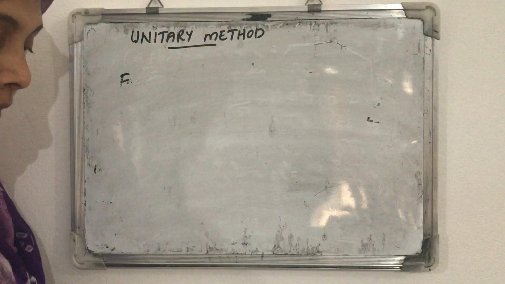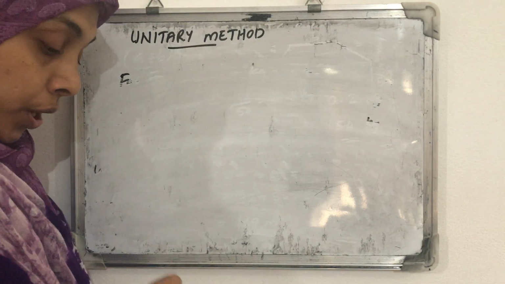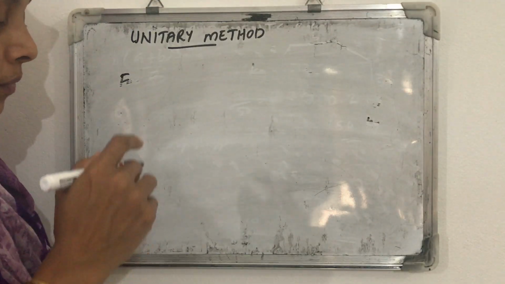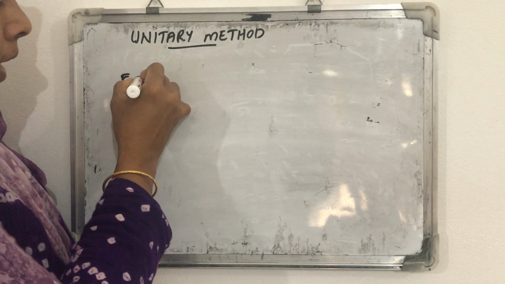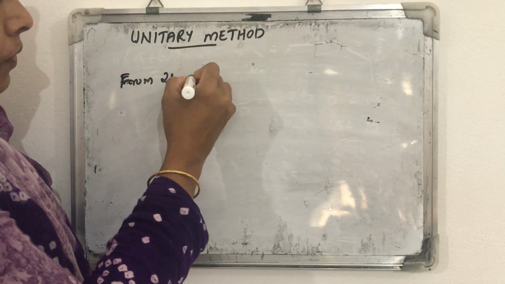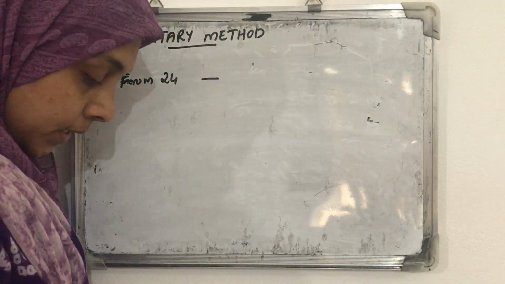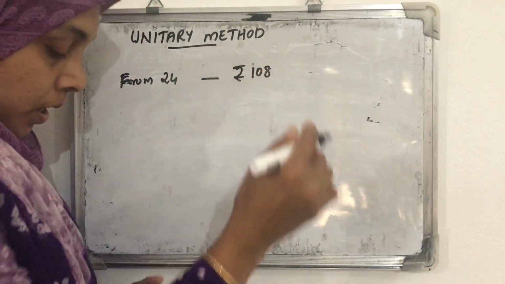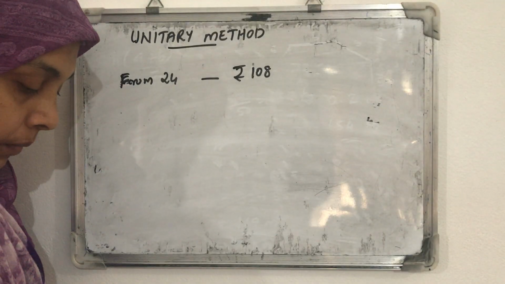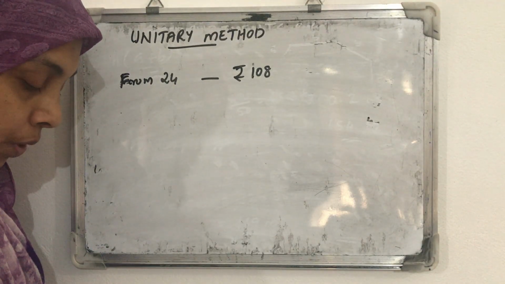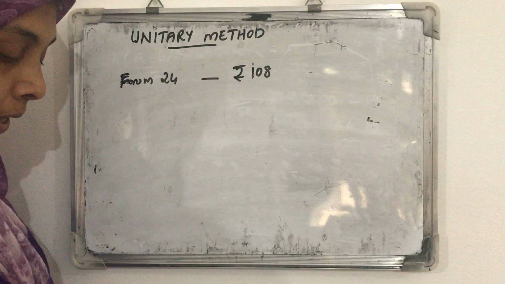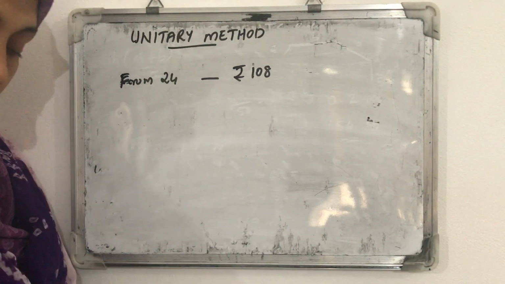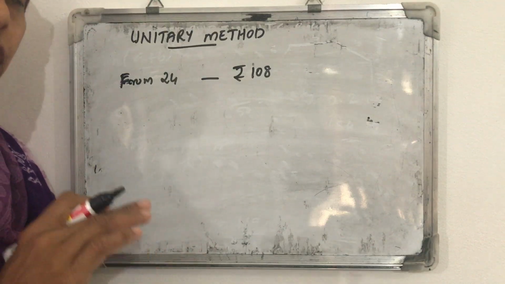From 24 students, the money collected is given as 108 rupees. To collect 315 rupees, how many students are needed?